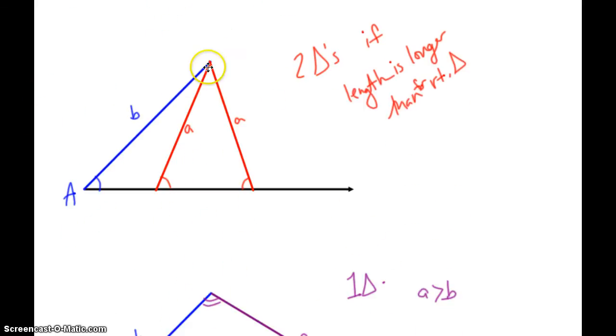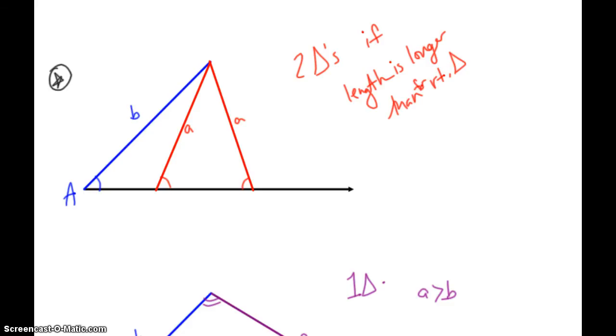But if it's in between that right triangle length and B, then I actually have two possible triangles. And we would have to solve for all the parts of both of those triangles. Okay? This is the most complicated one because we have to solve for two different triangles. However, we really first have to figure out how many triangles we're looking at. How many triangles do I have before I worry about trying to solve for them?